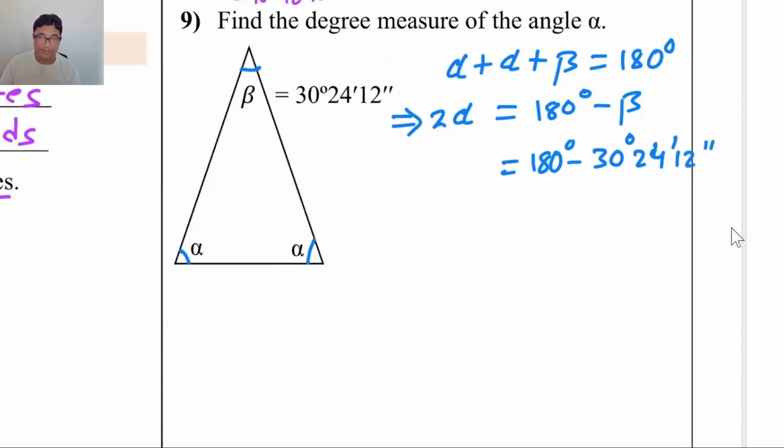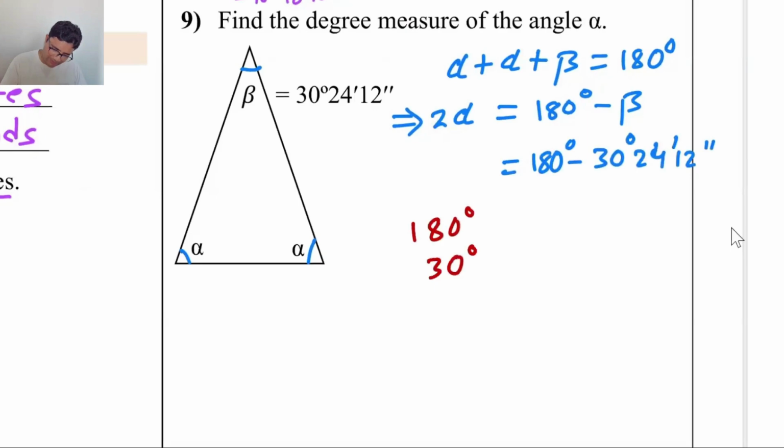We need to perform that subtraction, which is an opportunity to show that process. So you have 180 degrees and you are going to subtract 30 degrees, 24 minutes, 12 seconds.